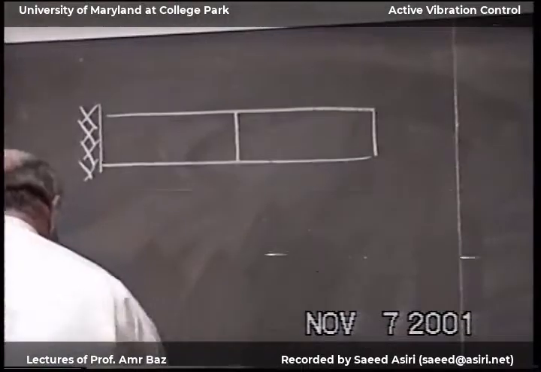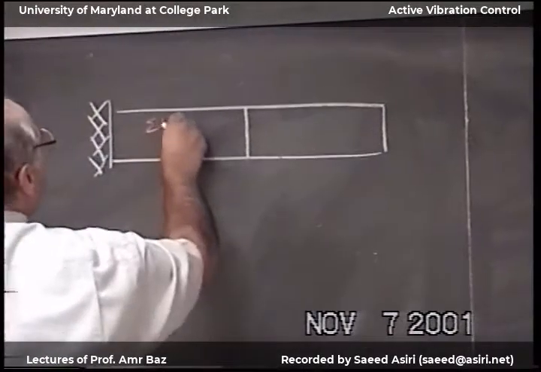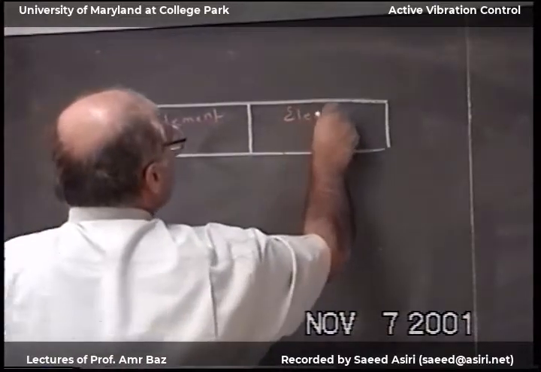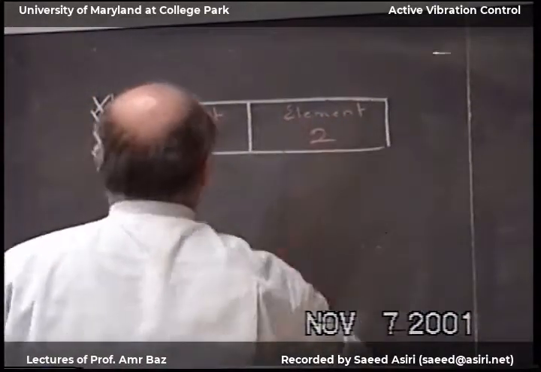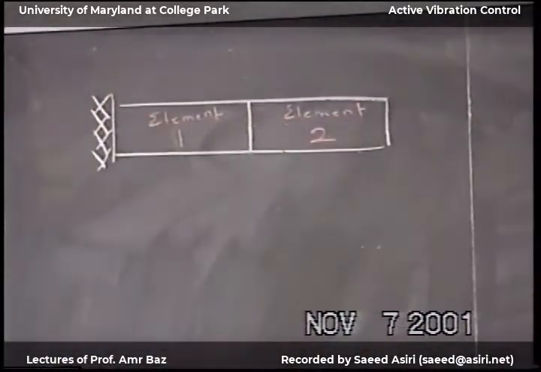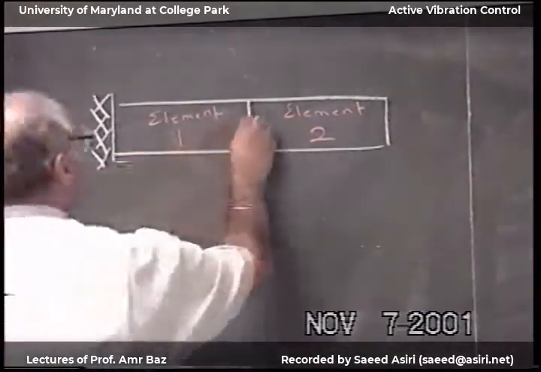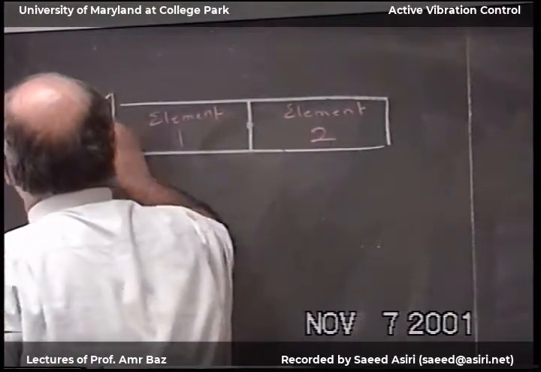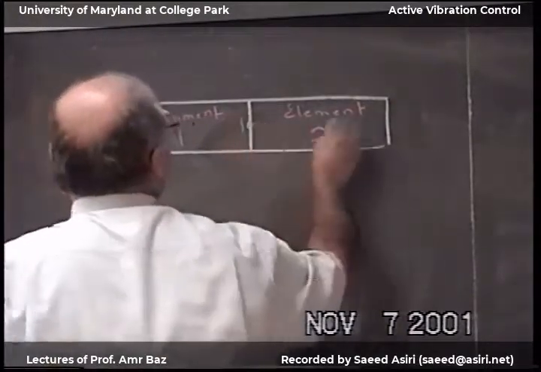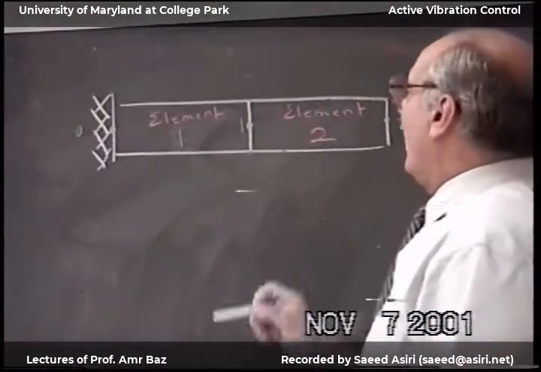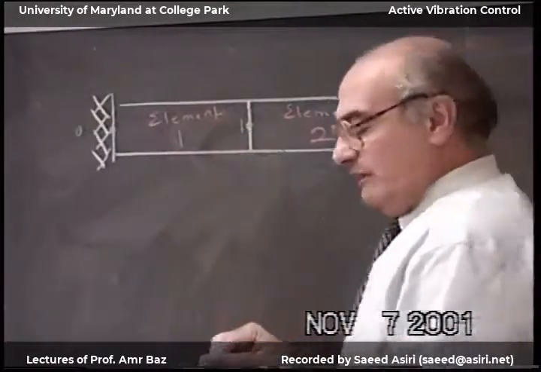So now I have here element 1, element 2, and then we have nodes. I will call this node 0, this is 1 and 2. So now my system vibrates in longitudinal vibration.